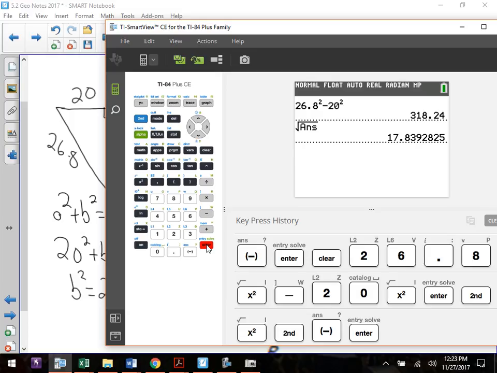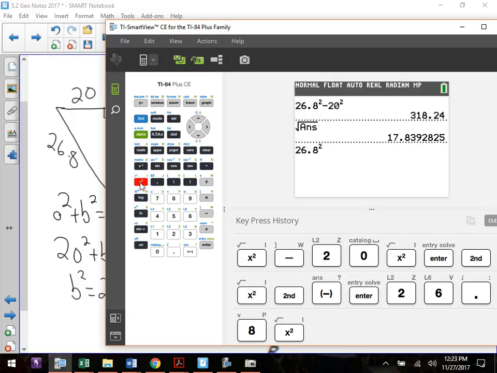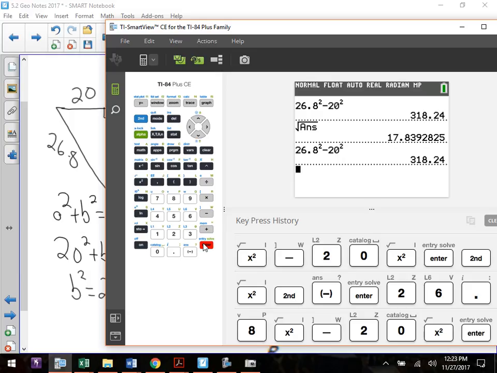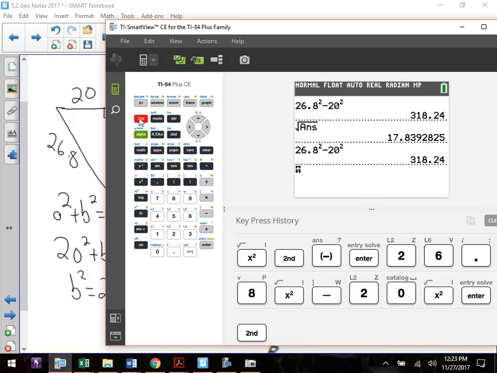Again, what you do is you type in 26.8 squared, subtract 20 squared, hit enter. Now you have that, right? Now hit second. You know where the square root button is? Can you find it?